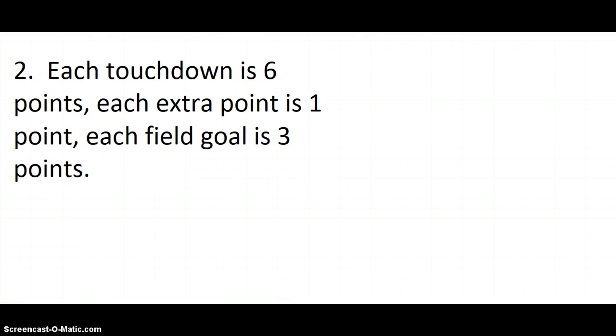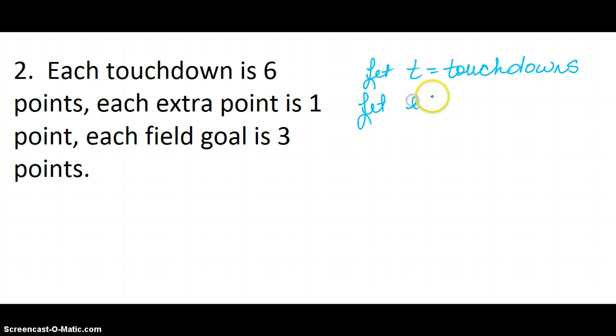Now here we're going to talk about 3 different things. Each touchdown is 6 points, each extra point is 1 point, and each field goal is 3 points. All right, let's see. So we're going to have 3 different variables. Let's let t equal touchdowns. Let's let e equal extra points.